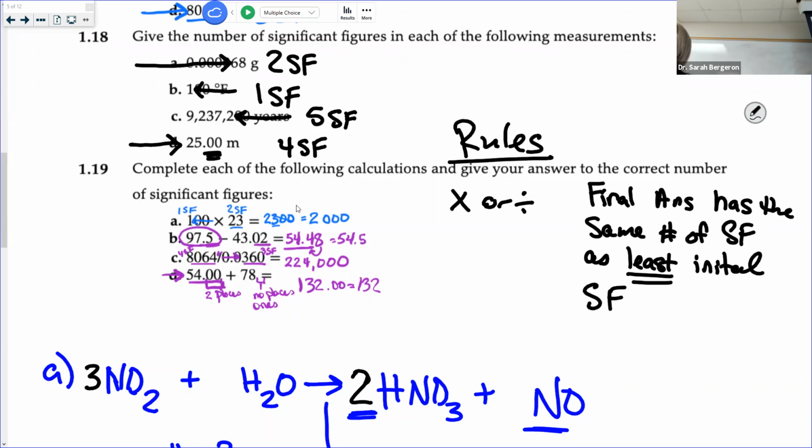But the same is not true if we add or subtract, because when we add or subtract, you have to be careful of the place value. So when we add or subtract, our final answer, I know I really can't spell it. I think it's just my brain goes too fast and it always ends up being spelled wrong.